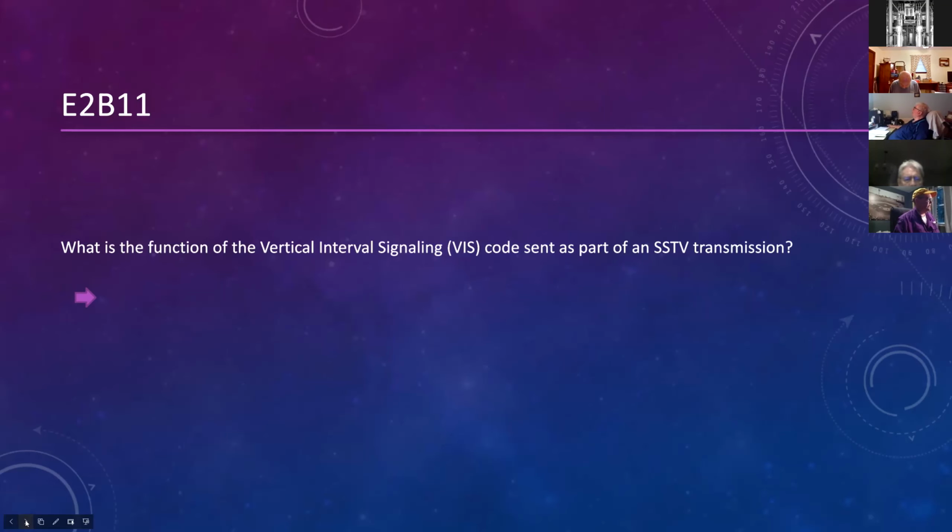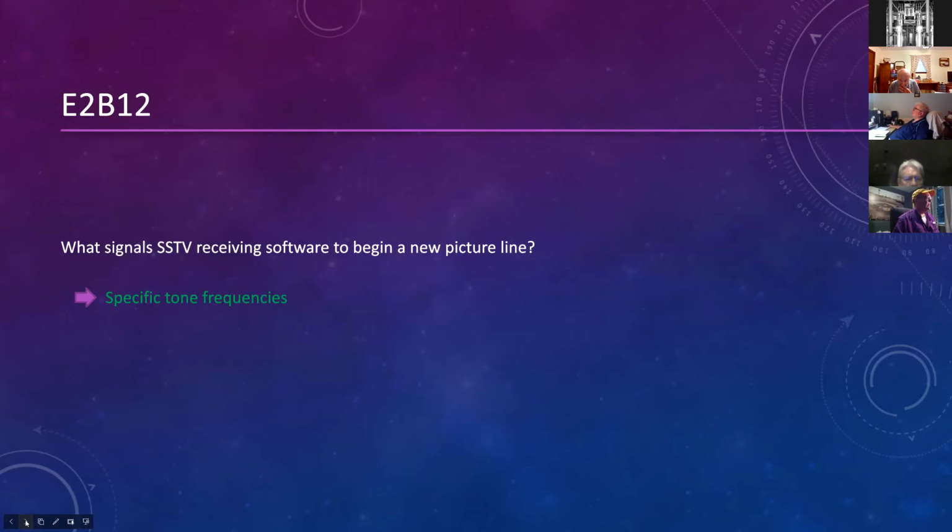What is the function of the vertical interval signaling code sent as part of an SSTV transmission? To identify the SSTV mode being used. What signals SSTV receiving software to begin a new picture line? Here's the other question with tone frequencies.